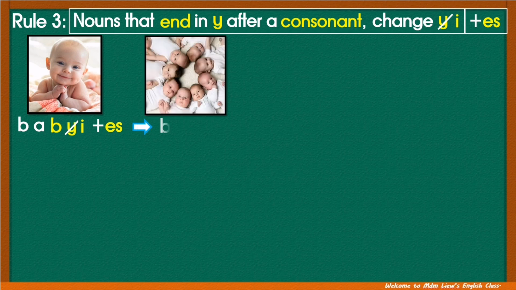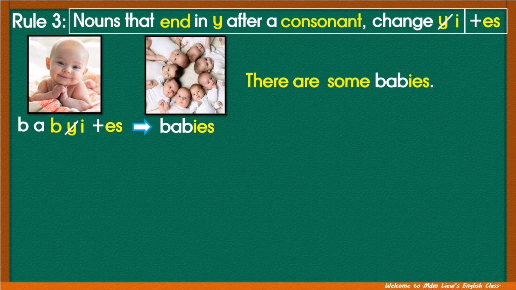It becomes babies. To write the sentence in plural, start with there are, followed by the quantity some and the plural noun babies. There are some babies.